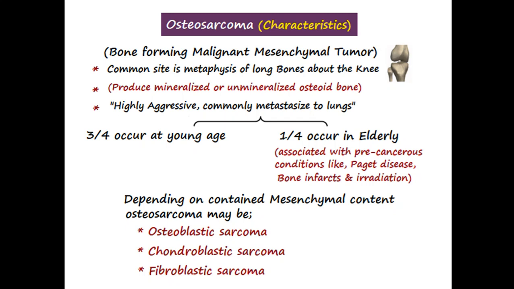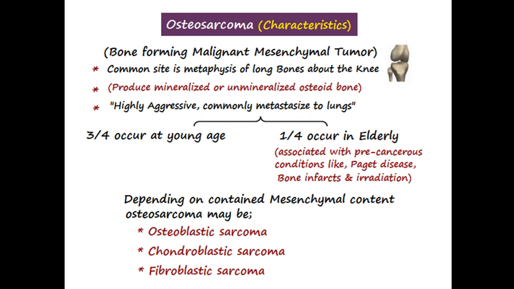Three-fourths of the osteosarcomas, by that we mean 75%, occur at young age. And this is the young age where there is excessive cellular division, proliferation at the growth plate, at the metaphysis of the long bones.